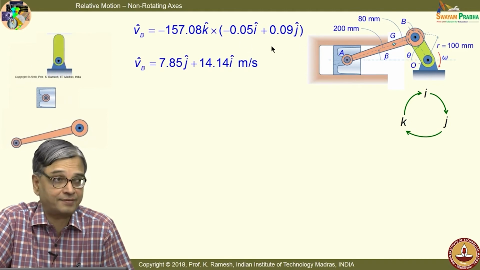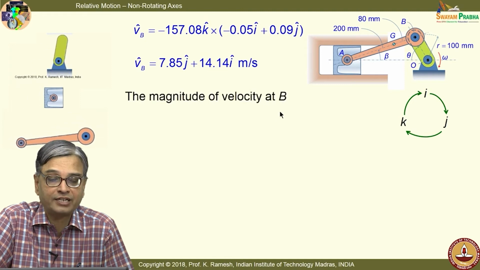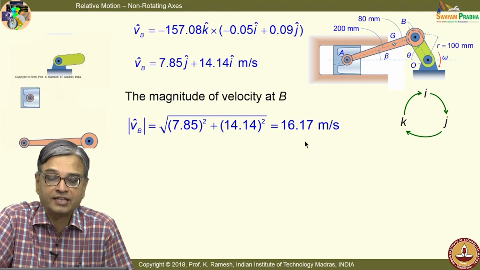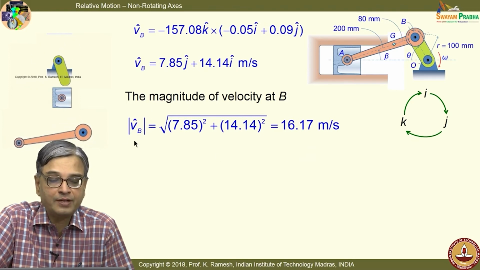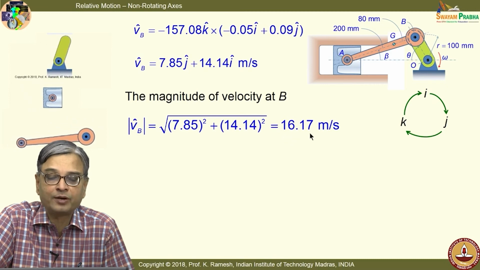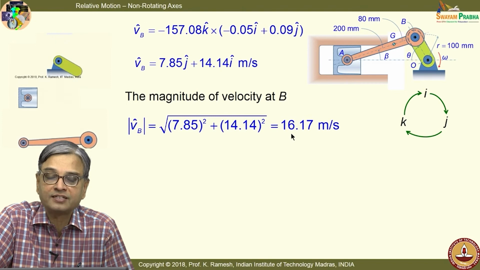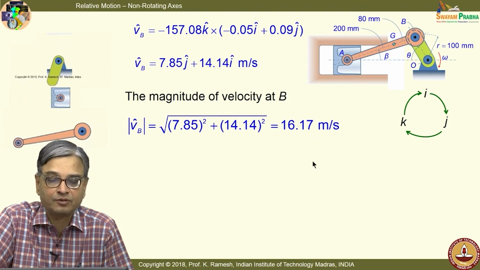So, that matters. Whenever I put this vectorial calculation, whether I stop at 2 digits or 3 digits, it matters. So, the VB turns out to be 16.17 meters per second. I think earlier we got it as 16.16. So, there will be some deviations. Okay.